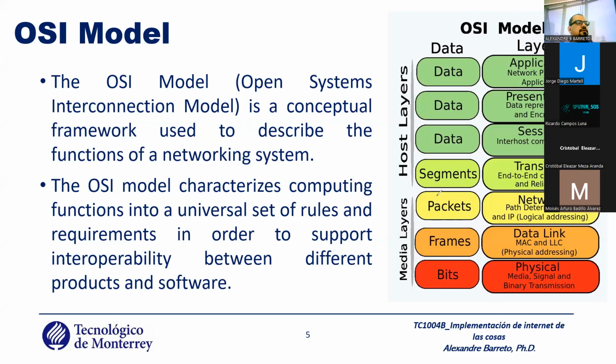Okay, it's really nice because, for example, until now, when we study the wireless protocols, we study this part here, okay? It's here that you define, for example, the Wi-Fi, the LoRa, the NB-IoT, and others, okay?